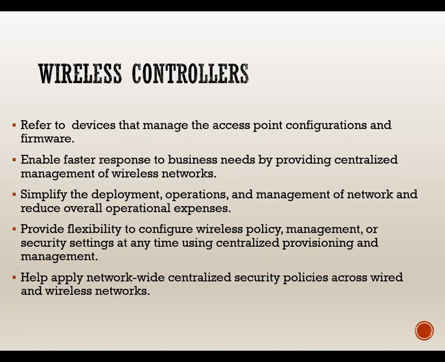Wireless controllers, and this is kind of a repeat, are devices that manage the access point configurations and firmware if we need to update or upgrade it. They give a faster response to business needs, with centralized management instead of going to the 100 different access points and doing it manually, and hoping that we get them all the same. We do it one time and it gets sent to the 100 devices.